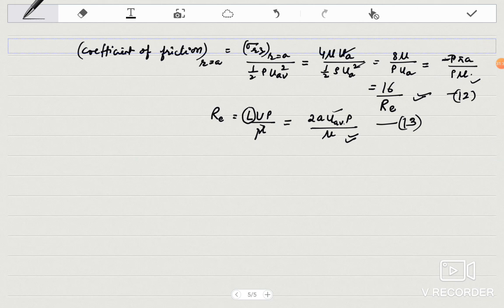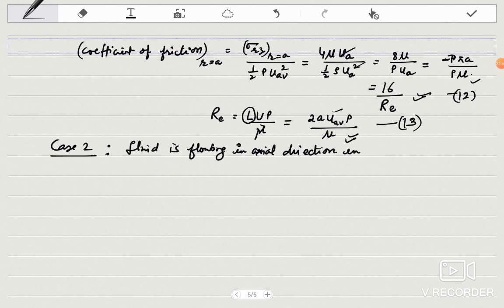Now we come to another case in which your fluid is flowing in an annulus. So case 2, fluid is flowing in axial direction in an annulus. Now how will the annulus be created?